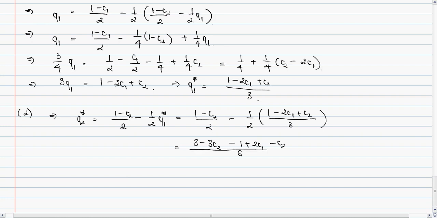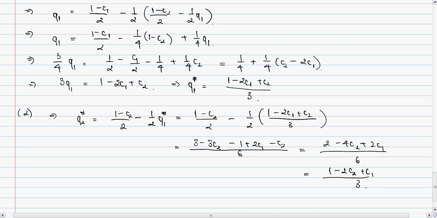Okay, everything on 6. Now I simplify this. I will get 3 minus 1, which is 2, negative 3C2, negative 1C2 is negative 4C2, plus 2 of C1, and the whole thing on 6. Simplify this, I will get (1 minus 2C2 plus C1) on 3.